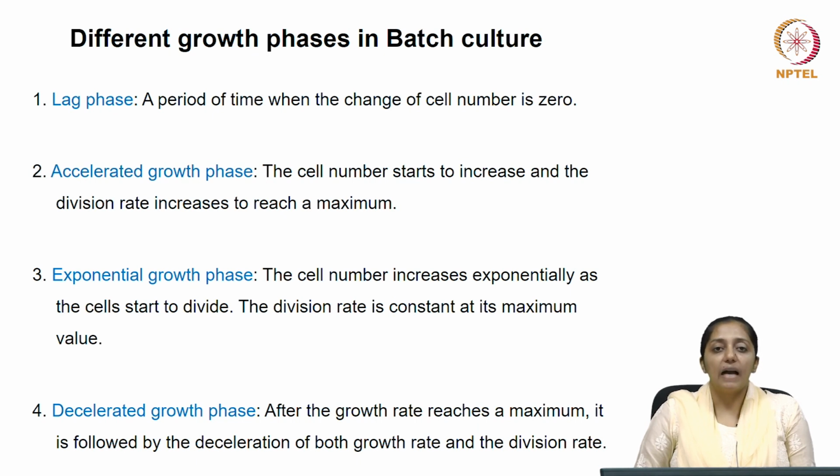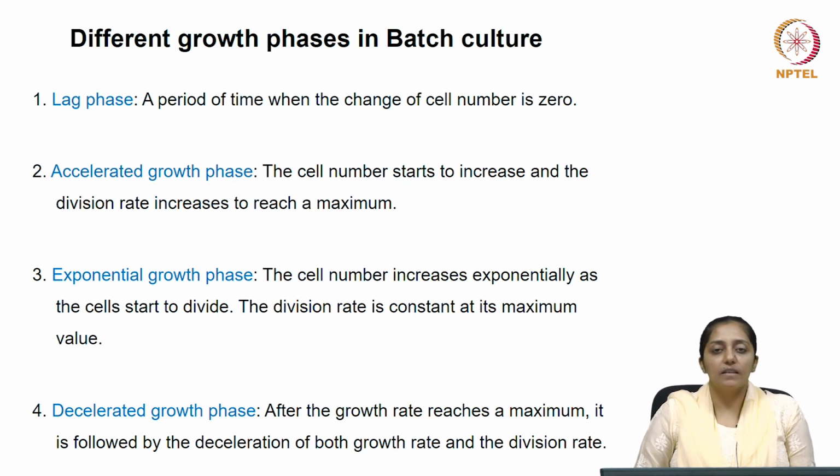Then comes the accelerated growth phase. This is the phase when the cell number starts to increase and the division rate increases to reach its maximum.